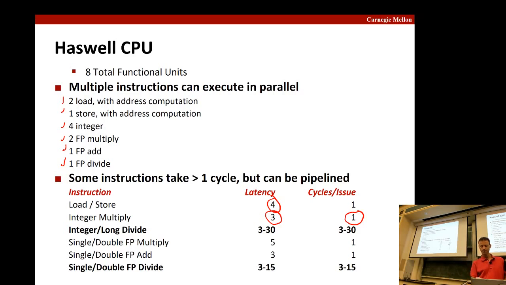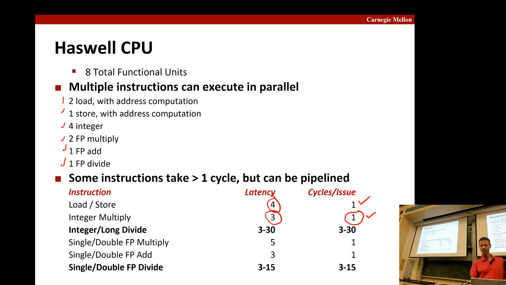So if you have 3 integer multiplies you could do at the same time, then in a continued pipeline fashion, there's no loss in performance. Same thing with loads, for instance. Even though it might take you 4 cycles to load something from the cache, the hardware is equipped with a way to queue up these loads and pipeline it all through.